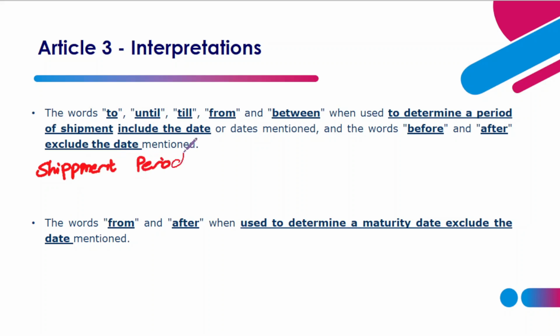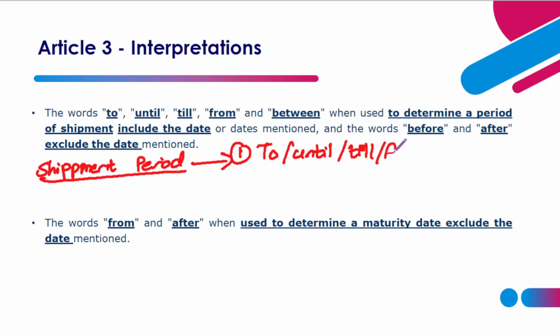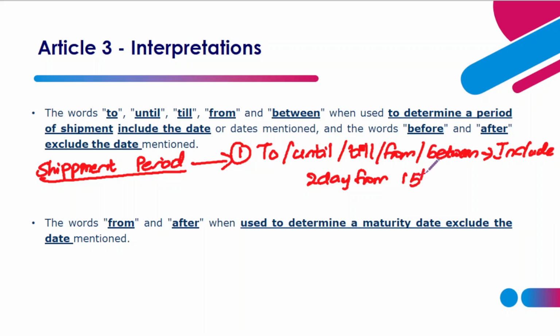For you to understand about shipment period, the first instance is if to, until, till, from, between are used, the date mentioned is included. For example, let's say they say the shipping needs to be done 2 days from 15th February.